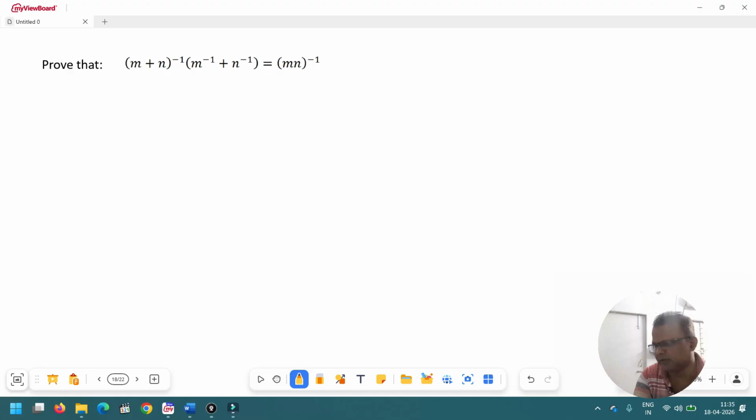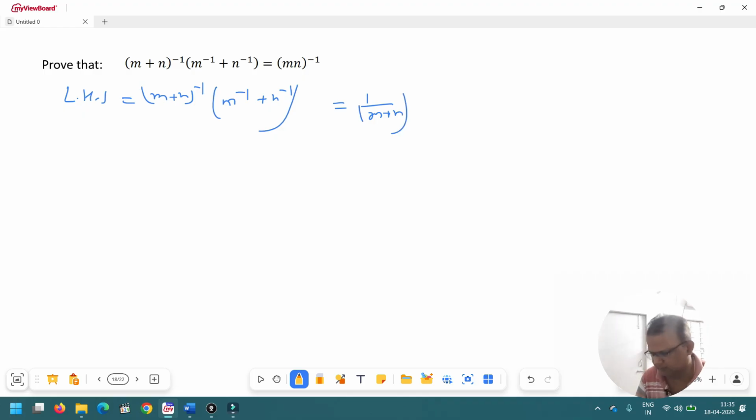Now consider the next question. LHS of this is equal to n to the power minus 4, 1 by 10, so 1 to the power m into the power 1.